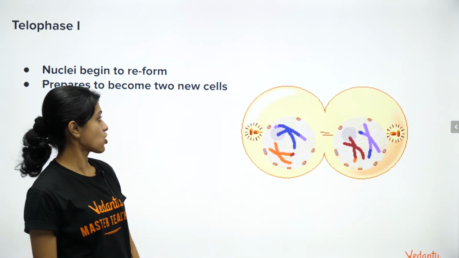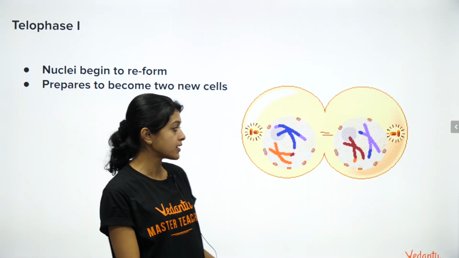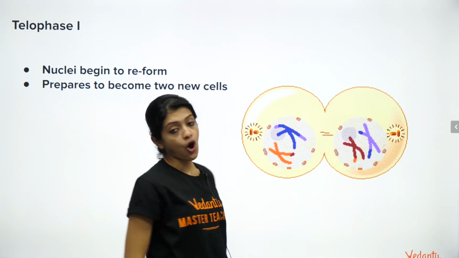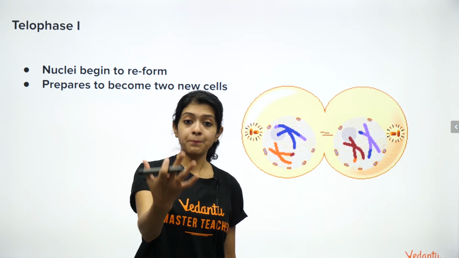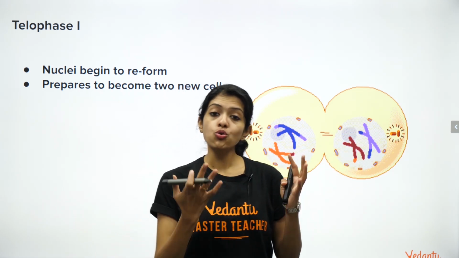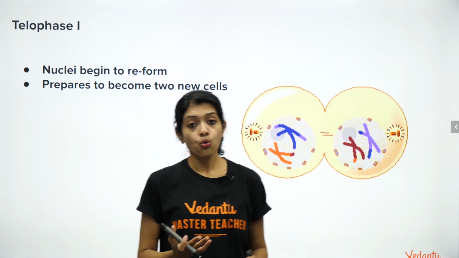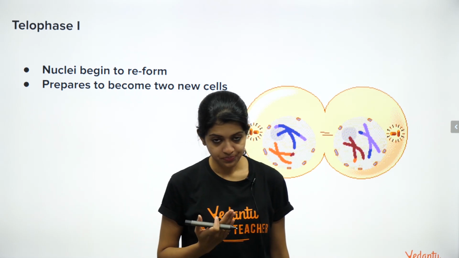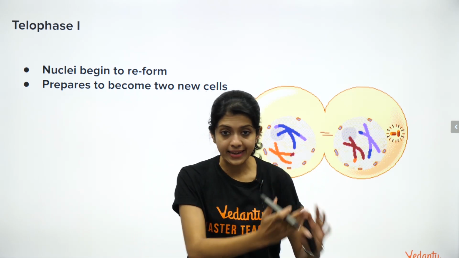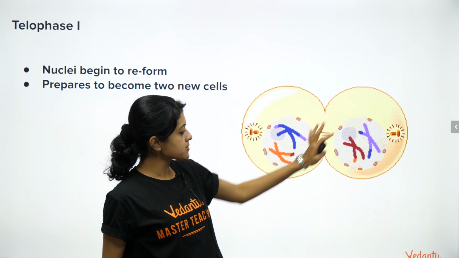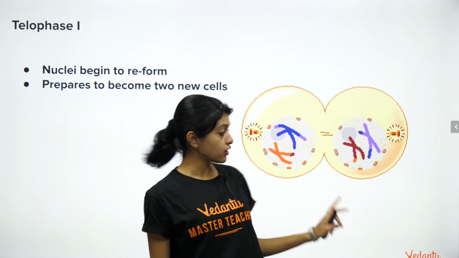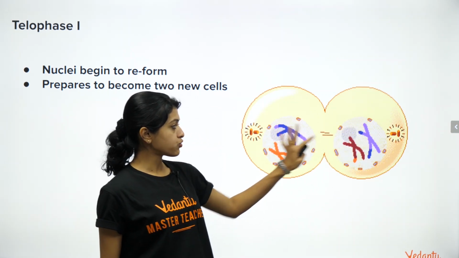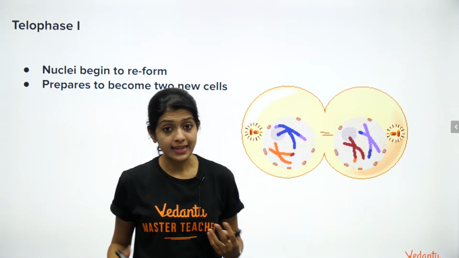What happens next? Obviously, it is telophase 1, wherein the nucleus begins to reform in order to prepare itself to form two new daughter cells with 23 chromosomes each. But it's not divided completely yet. You see that some division is beginning to happen, the furrow is beginning to form, but they have already formed individual nuclei.